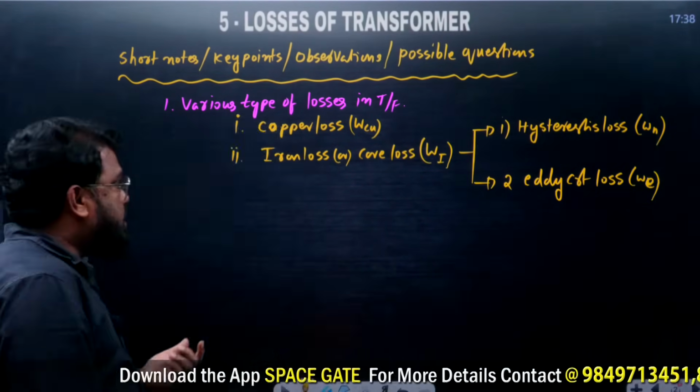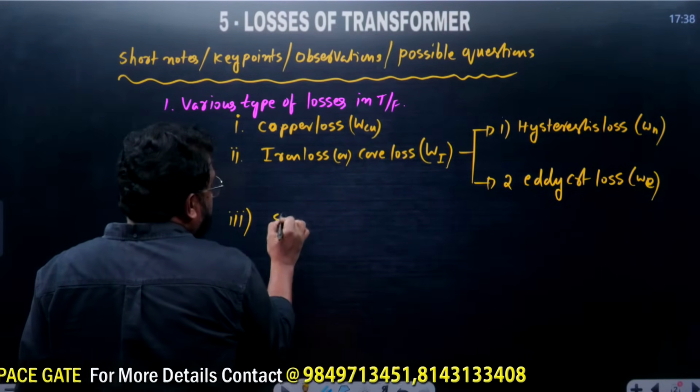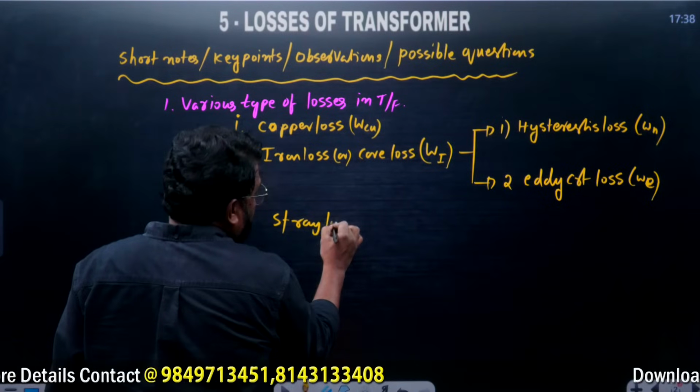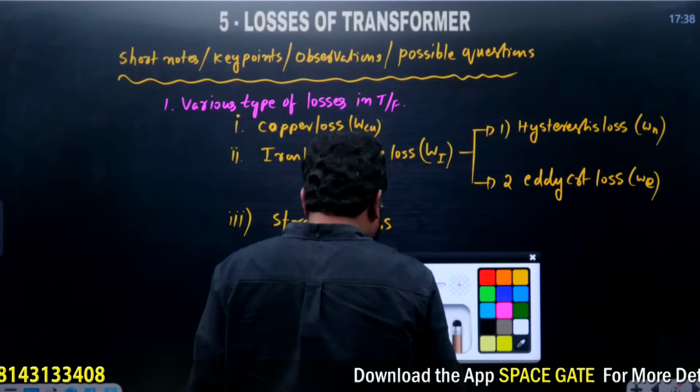And the third type of loss is stray load losses of the transformer. These stray load losses are also 2 types.